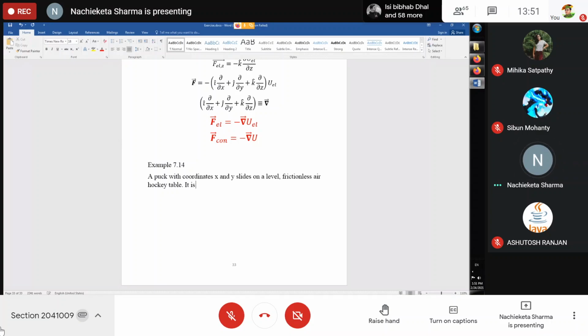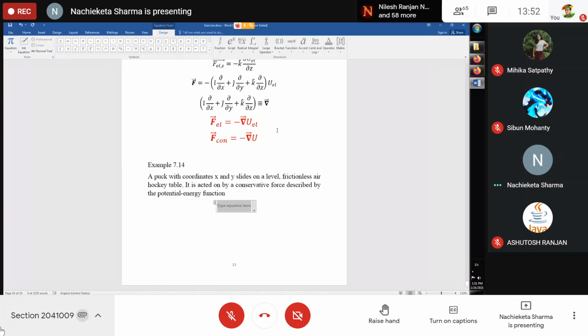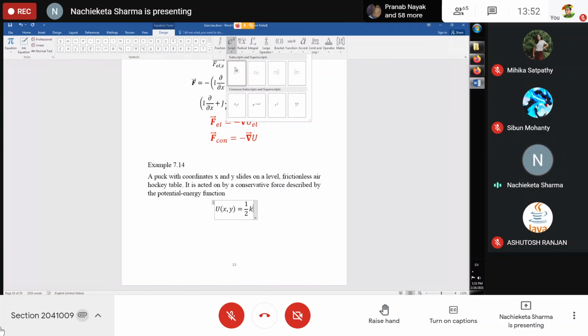It is acted on by a conservative force described by the potential energy function U(x, y) equals half kx squared plus a x squared.